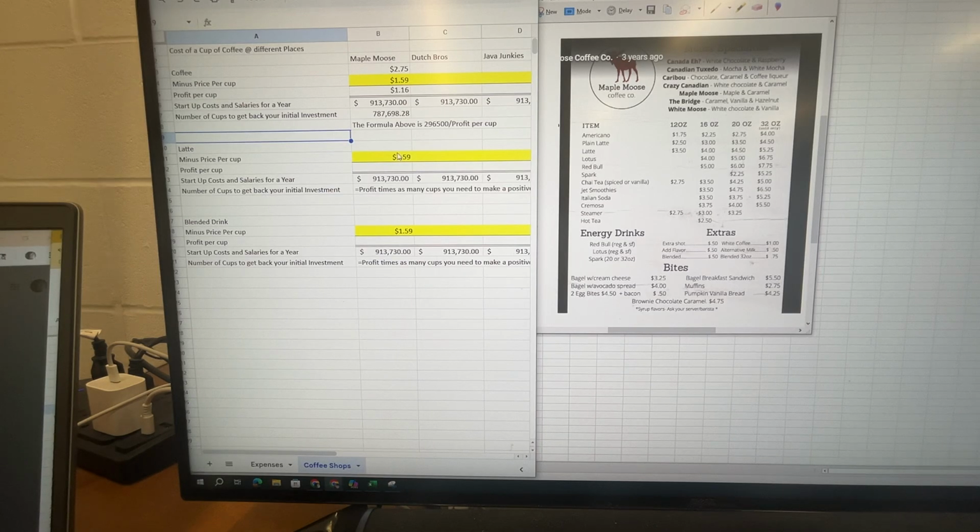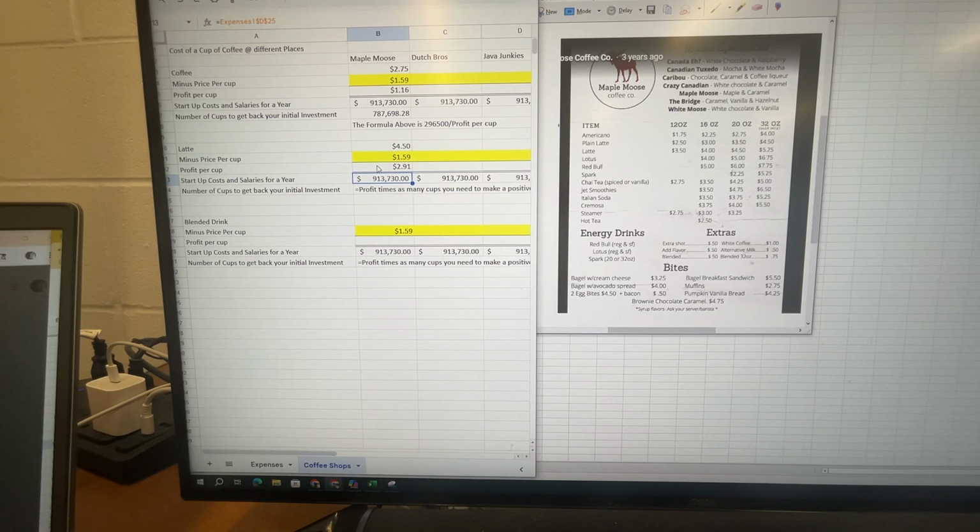But let's look at lattes. If we sell lattes, so we have a latte and a 20 ounce is $4.50. So then we go 4.5. Then we do that problem again. We do the equals the total cost, what they pay for the cup of a latte, minus how much it costs us to make a latte.